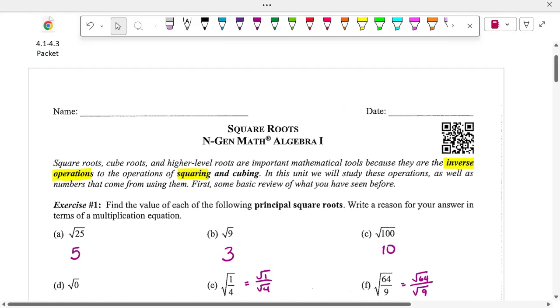So here are some that you need to know. I expect you guys to know all your square roots 1 through 20 by memory. All right.